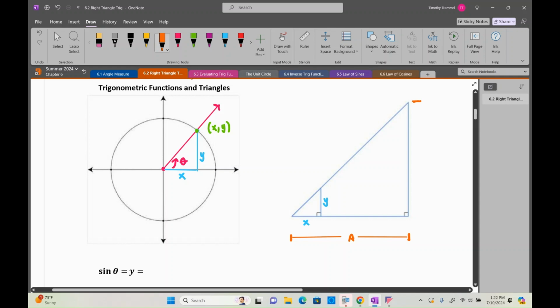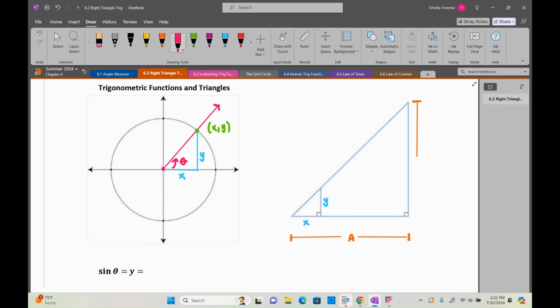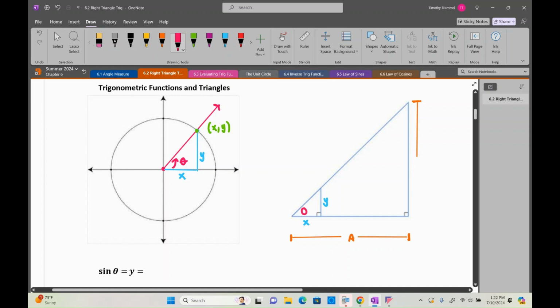Similarly up here, I'm going to call this side here the opposite. And I actually haven't written in the angle yet, but our angle was this angle theta. There we go. All right, so I'm going to write a capital O here for opposite side. And then we know that that longest side that I haven't marked yet is our hypotenuse.